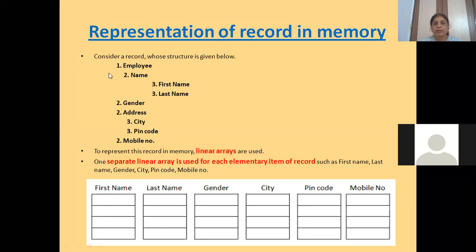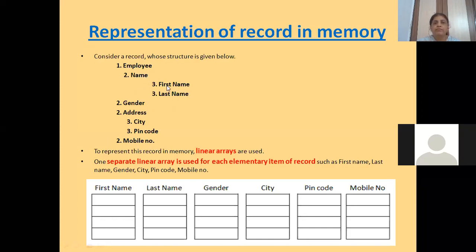अब यही एग्जाम्पल मैंने लिया कि एम्प्लॉय इज द एंटिटी. तो सेकेंड लेवल से जितने भी नंबर हैं दैट इज योर ग्रुप आइटम्स, राइट. तो ग्रुप आइटम्स में अभी जैसे मैंने इसको थोड़ा शॉर्ट कर दिया, नेम को फर्स्ट नेम और लास्ट नेम लिया, एड्रेस में सिटी और पिन कोड लिया एंड मोबाइल नंबर, मैंने डेट ऑफ बर्थ हटा दी जस्ट टू गिव सिंपल एग्जांपल. तो अभी इसमें कितने पैरेलल एरेज बनेंगे? नेम का एरे नहीं बनेगा क्योंकि वो ग्रुप आइटम है. ग्रुप आइटम का we will not make array, we will make the array for its elementary item.